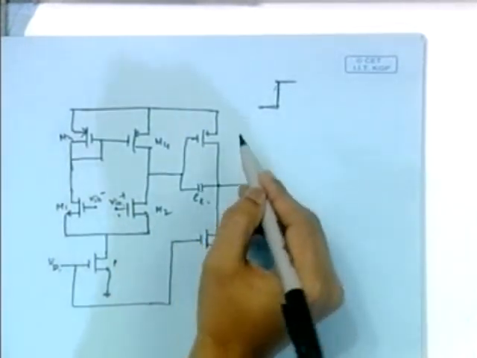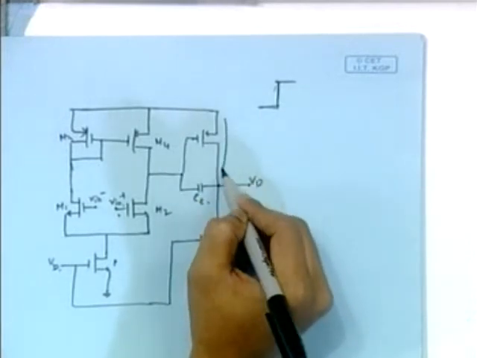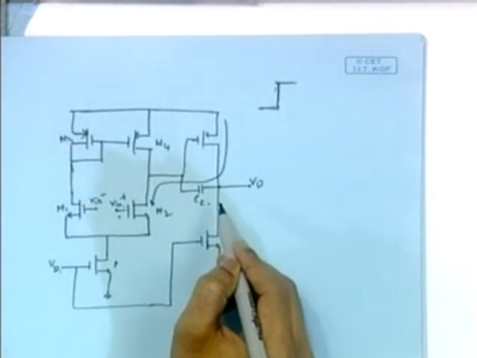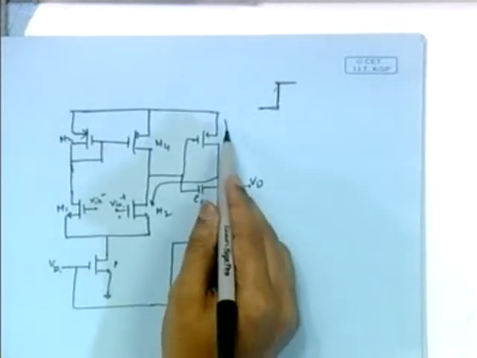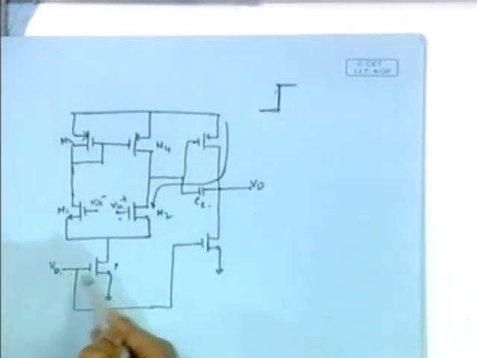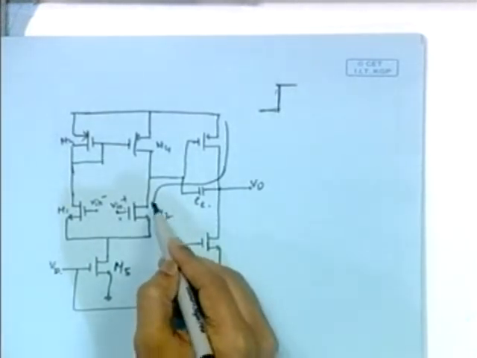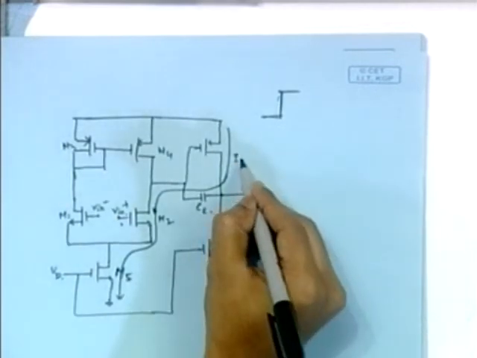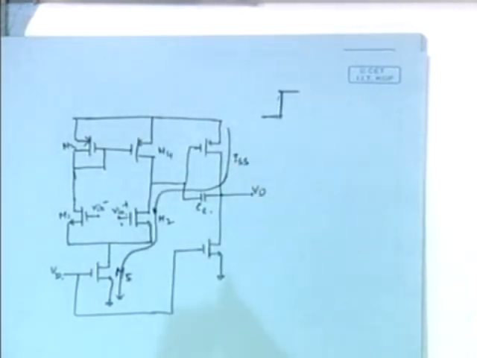Here is a path, and a high current flows through this path because at high frequency this CC gets shorted. This is always on, there is this M6, and a high current flows through this path. Say this high current is termed as ISS.